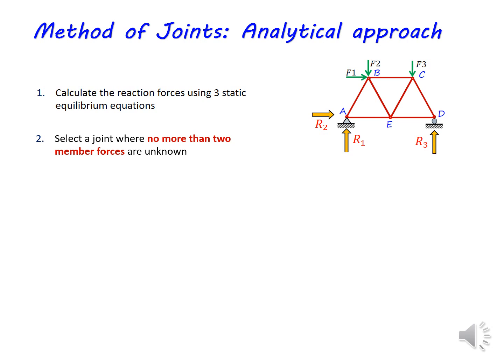So at joint B there are three unknown forces, so we cannot start the analysis with joint B. Similarly, if you see joint C, again three unknowns, and when it comes to joint E, four unknown member forces.